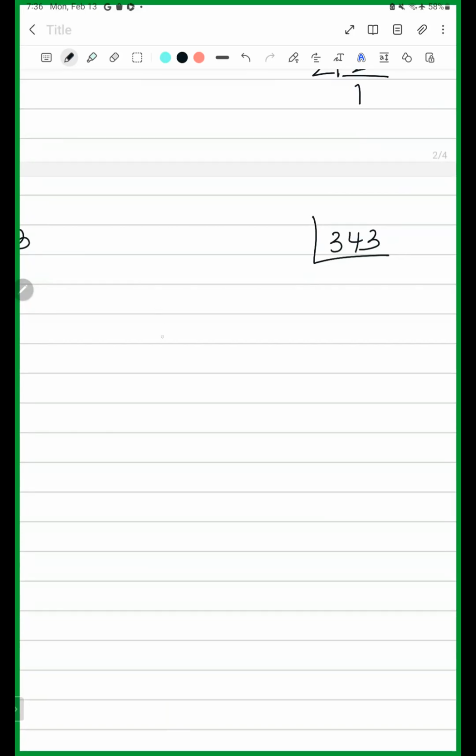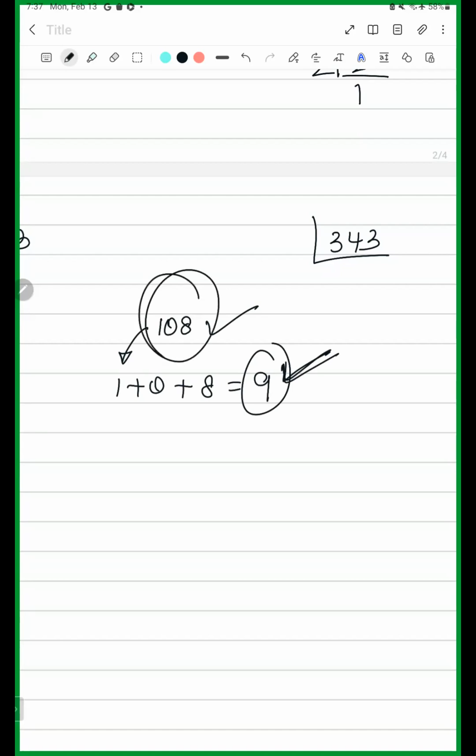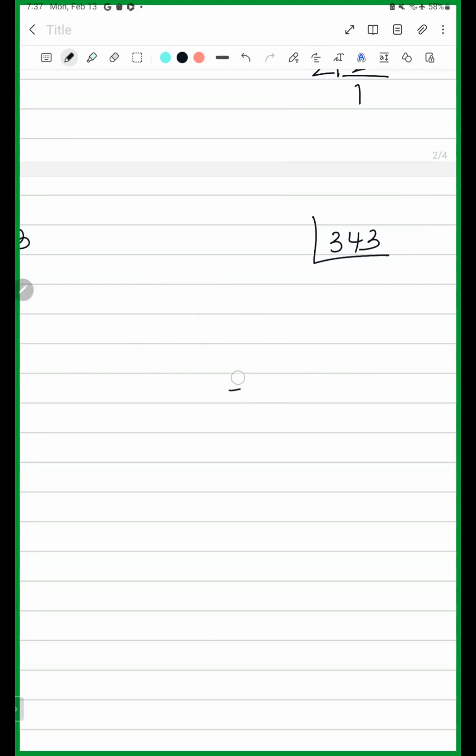For example, 108. Is this a multiple of 3? Yes. Why? Because when you add 1 plus 0 plus 8, you get 9, and 9 is a multiple of 3. So therefore 108 is also a multiple of 3. That's how we find it out.